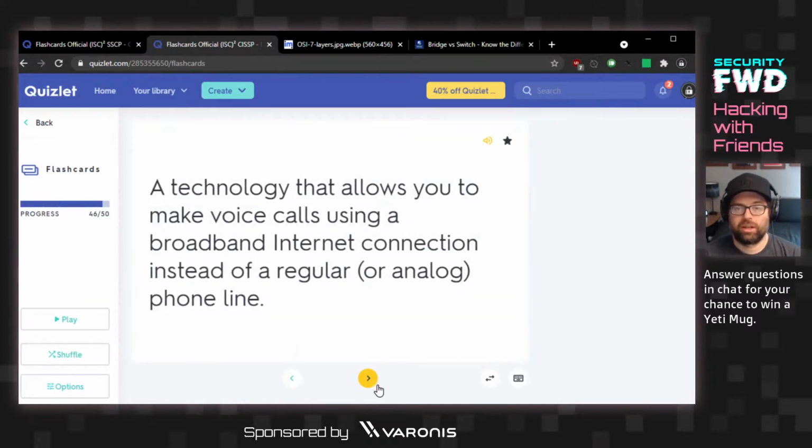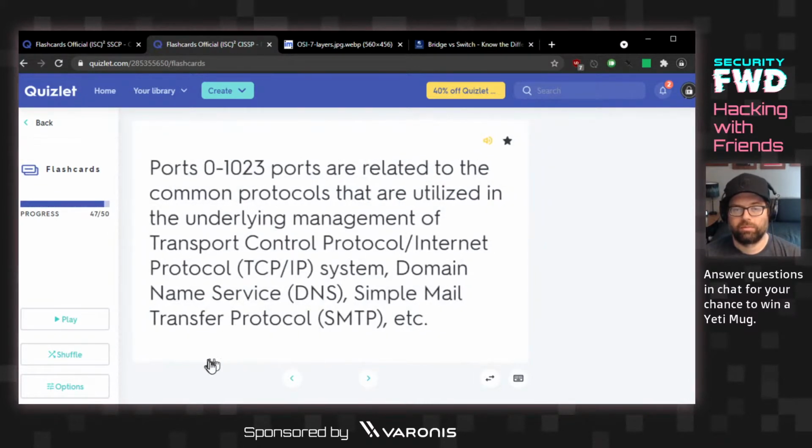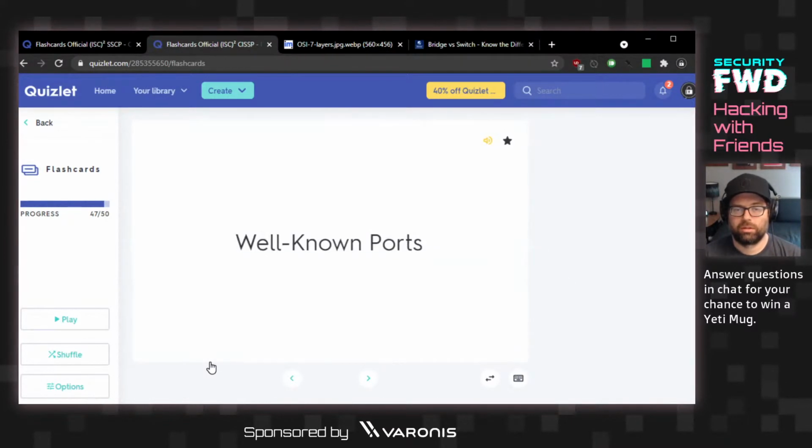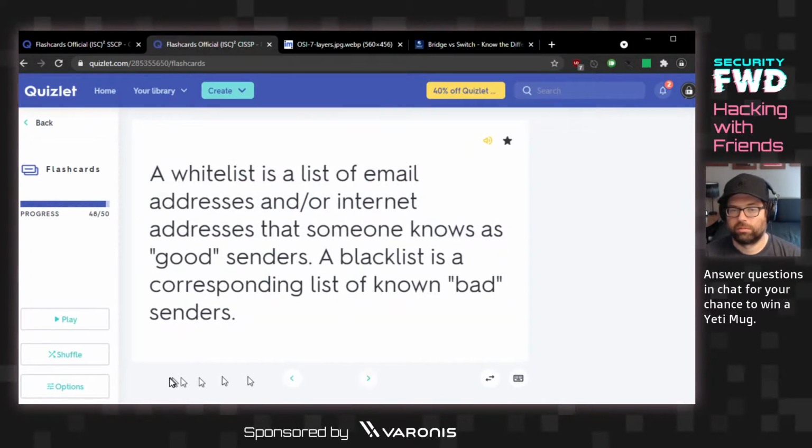All right. Technology that allows you to make voice calls using a broadband, so VoIP. Okay. Ports 0 to 1023, related to common protocols. Well-known ports. What a crazy name. Never use the default VLAN. That'll be 8-bit's t-shirt in addition to Panda.